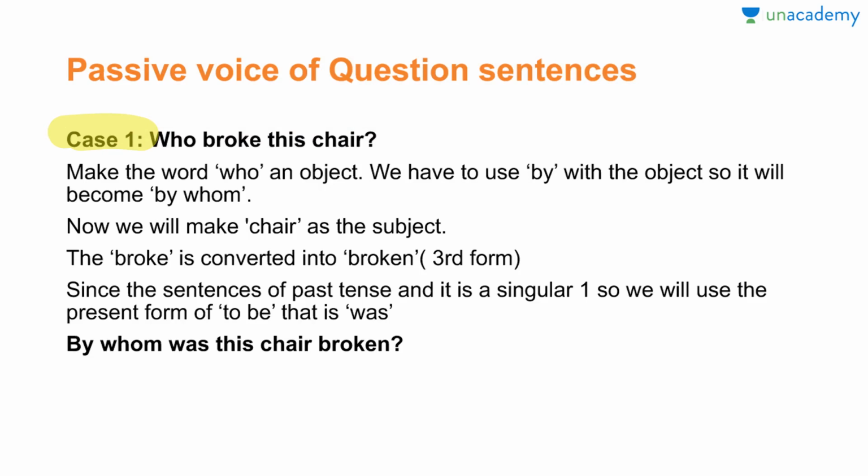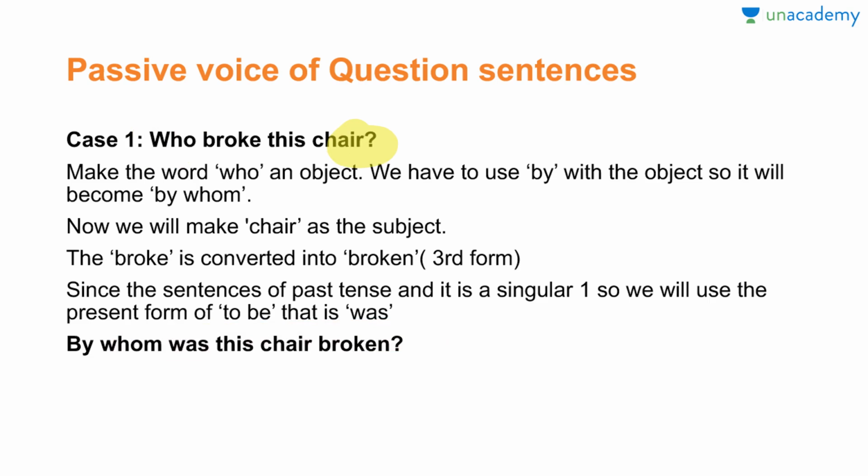Okay, so the first case is, who broke this chair? Now, how to convert it into passive voice? We have written it like this: by whom was this chair broken? Now you will say, ma'am, who is there, chair is there, why have we not changed them?